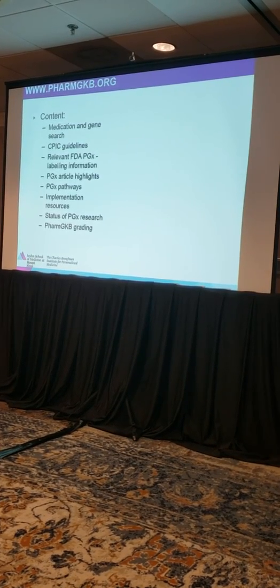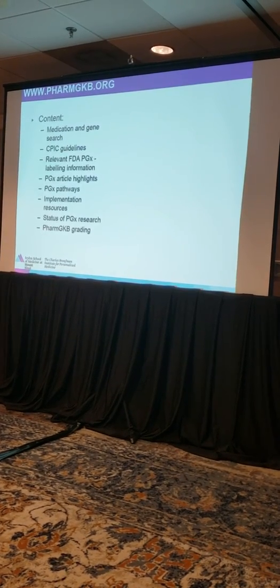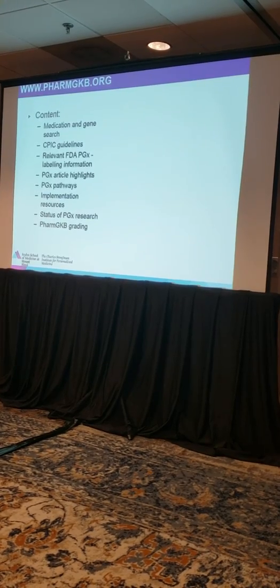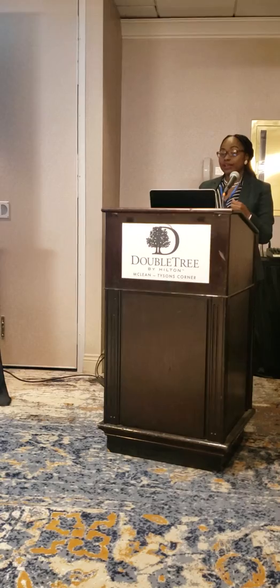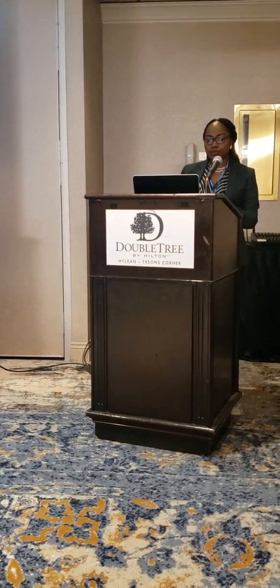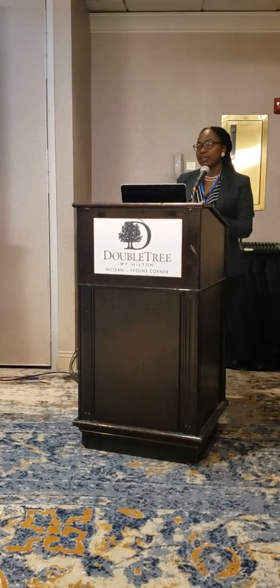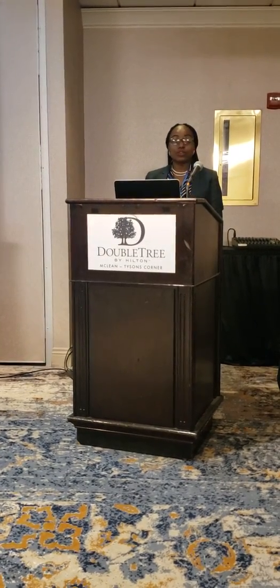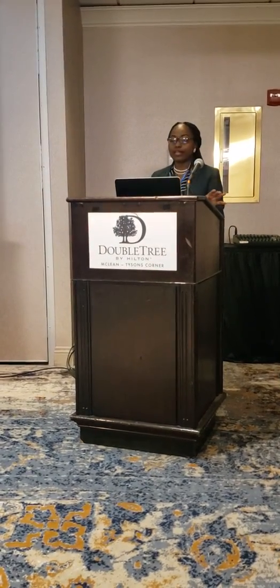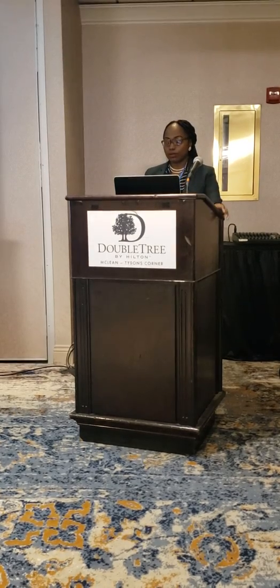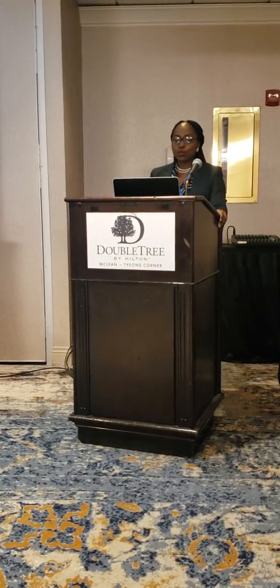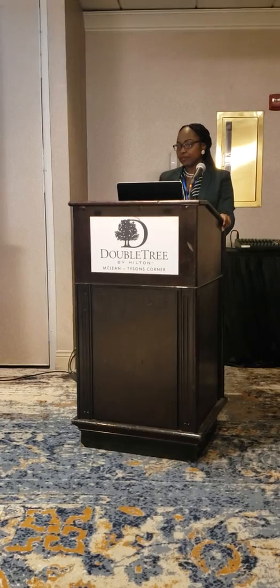Something I didn't write here, but it's a very good resource for those things. So if you looked up a medication and it had a guidance from Europe, it would list it. If it had a guidance from Japan, it would list it, and Canada as well. Also the pathways, the implementation resources, the status of the PGx research, whether it's clinically actionable now or not, it has all of that information. So it's a one-stop shop for pharmacogenomic information.